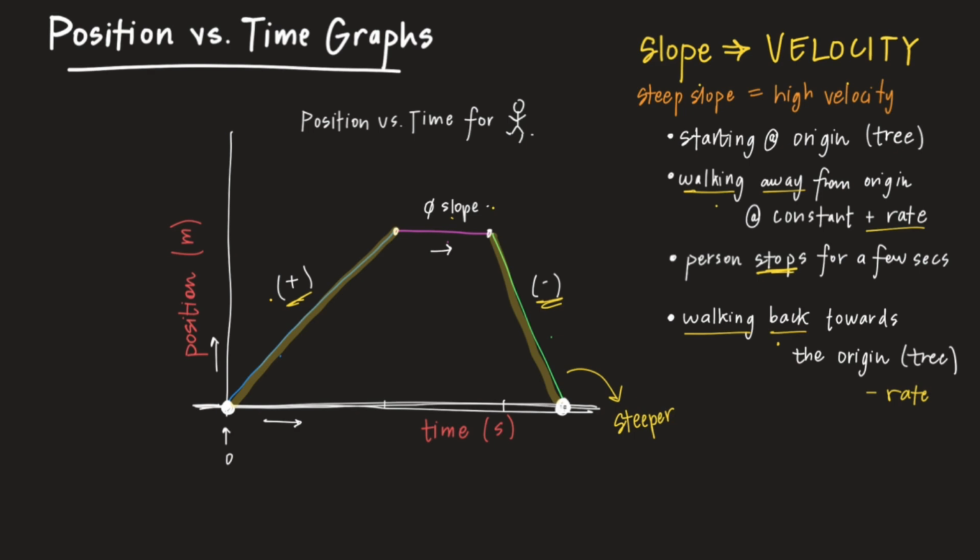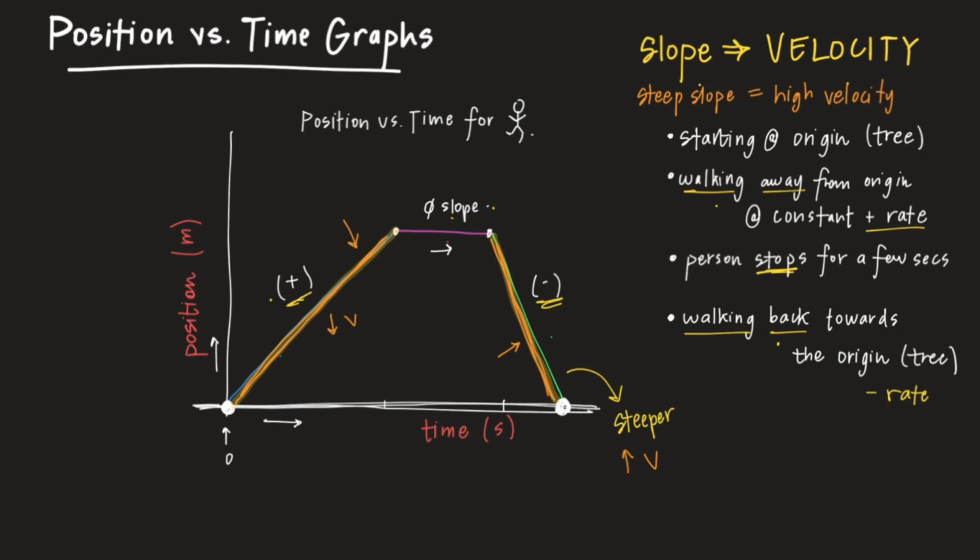So our negative slope was steeper, which means that person had a really high velocity as they were moving back towards the origin in comparison to when they were walking away from the origin. That's not as steep of a slope. So again, the steeper the slope, the higher the velocity, but the lazier the slope, or the lower the slope, the lower the velocity, the slower the velocity.